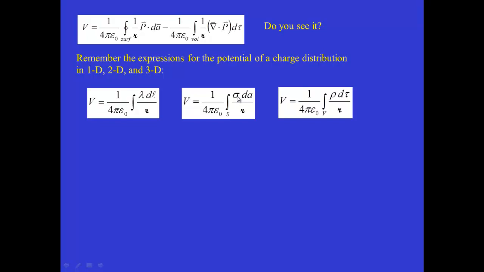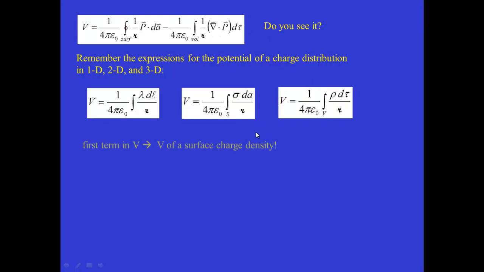Now, what we want to focus on here is the surface and the volume terms. Notice, this term, which represents the integral over the surface of sigma dA over script r, looks a lot like the first term in our expression for V. And the volume integral here is very similar to this term here.